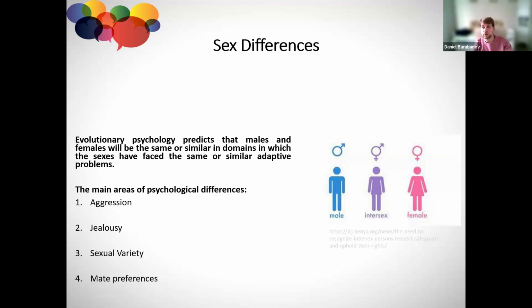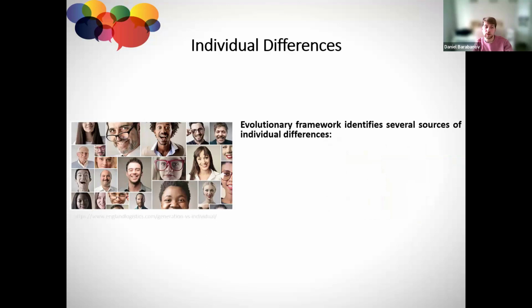And I'm afraid that a lot of research done in evolutionary psychology about sex differences right now suffers from the same problem, but we will discuss it a bit later when we finish and start discussing limitations of evolutionary psychology. So individual differences can also be explained in terms of evolutionary psychology.